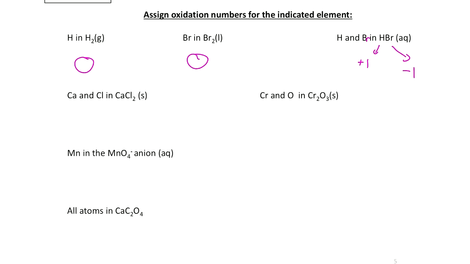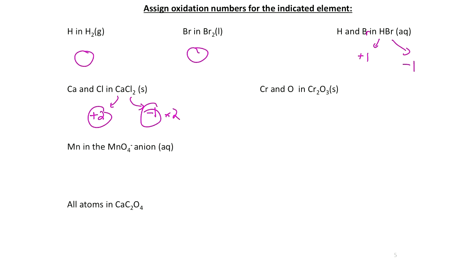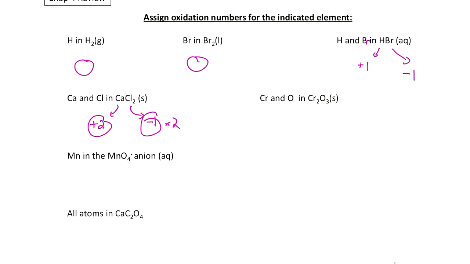Okay, calcium chloride. This is ionic. So simply its charge. Calcium's going to be +2. Each of those chlorides is going to be -1, because there are 2 of them. All right, chromium and oxygen in this chromium compound. So we're going to use the trick. Which one do you know already?